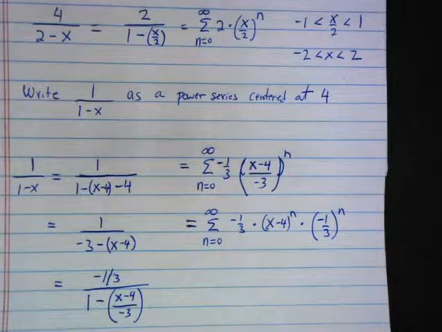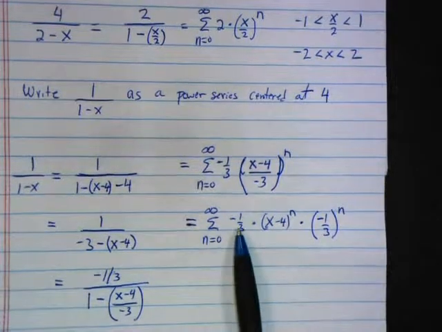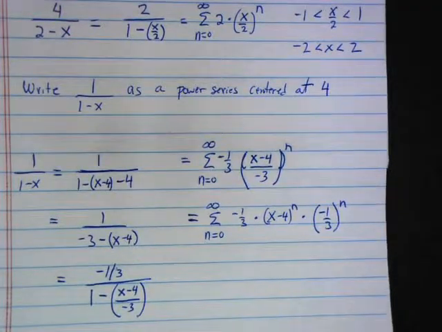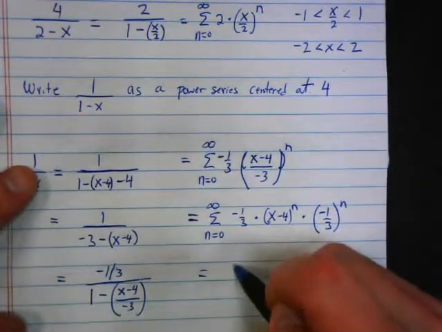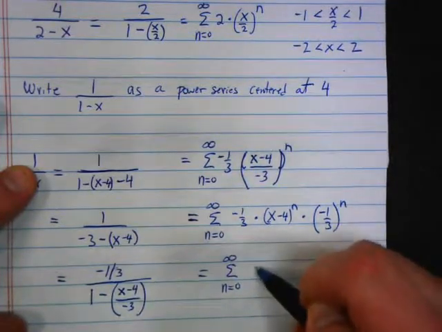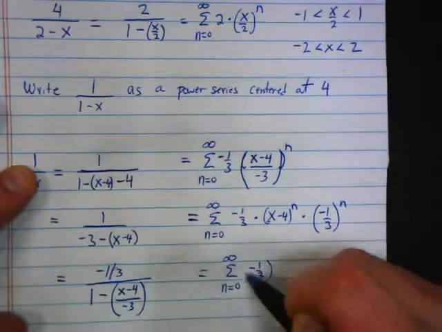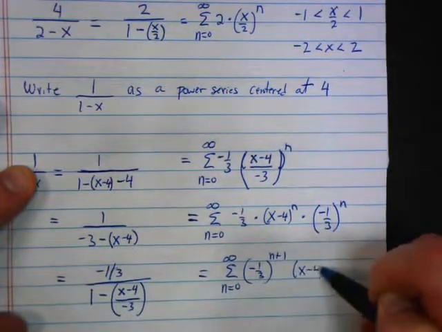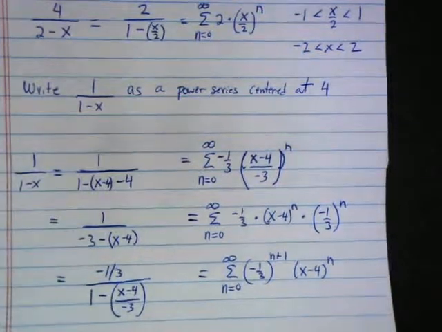Why do I take it apart like that? What can I do with this -1/3 and that -1/3? I can add the power. So final answer, you would normally see this written this way. This is a sum from n equals 0 to infinity of -1/3 to the n plus 1 times x minus 4 to the n. And why do we prefer to write it that way?